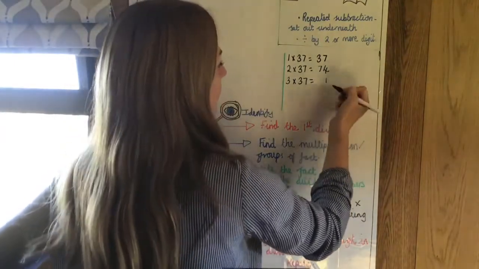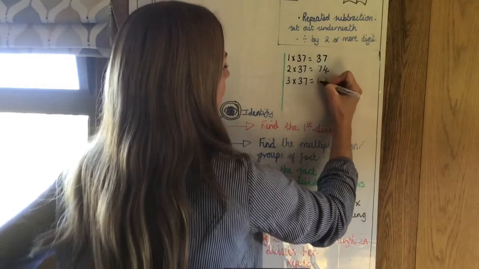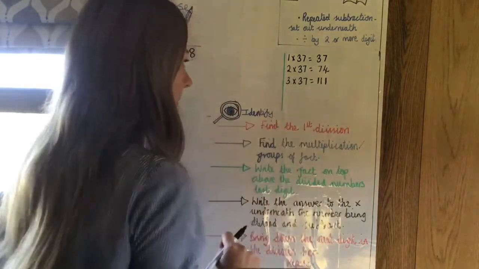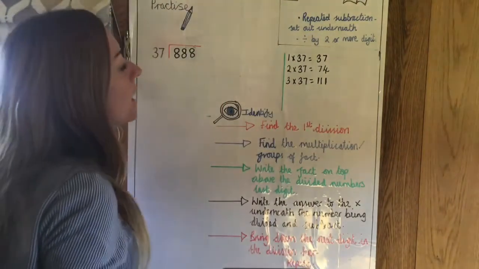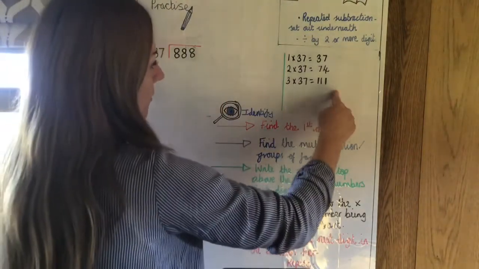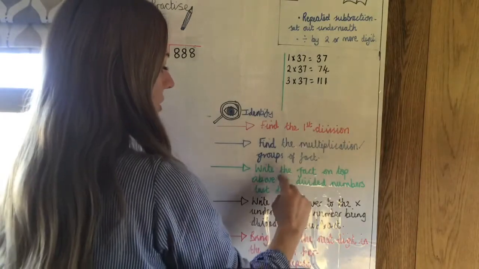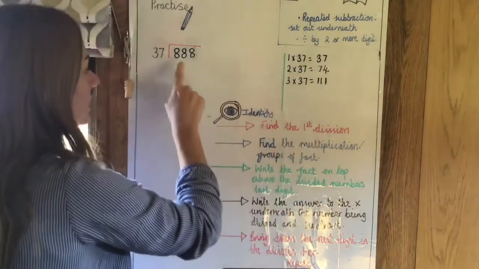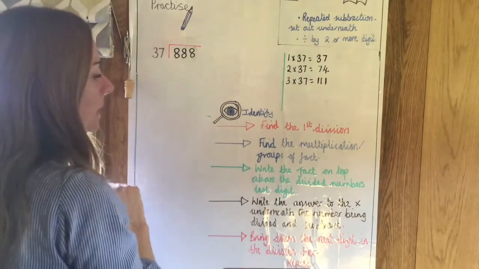So this will be 11, and this will be 10, 11. So 111 is the fact 3 times 37, 3 groups of 37. Out of those 3 first multiplications, the fact that I'm going to select is 2 times 37, and I'm going to take 74 out of 88.